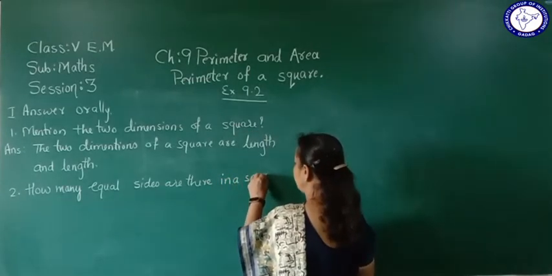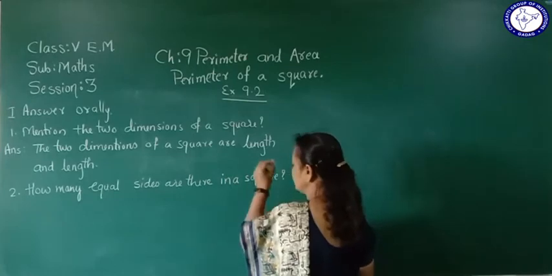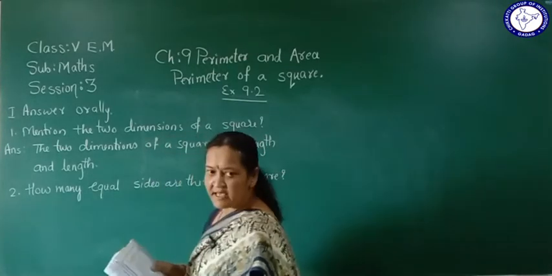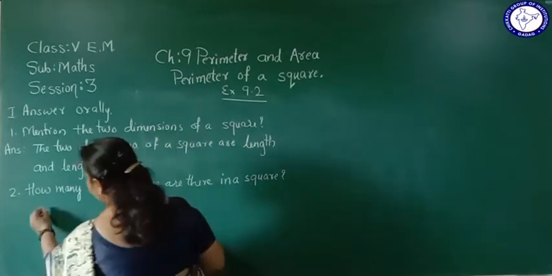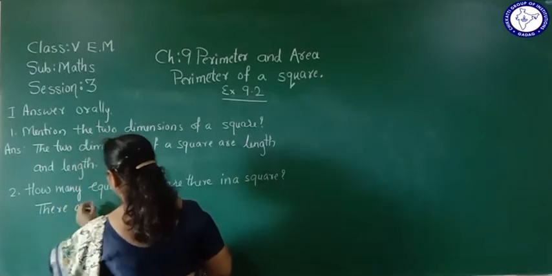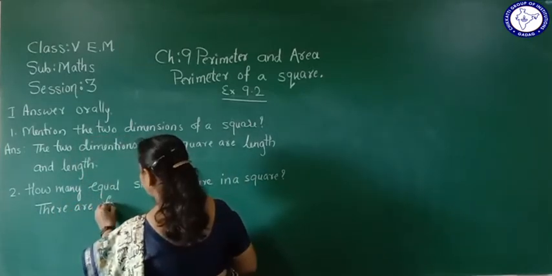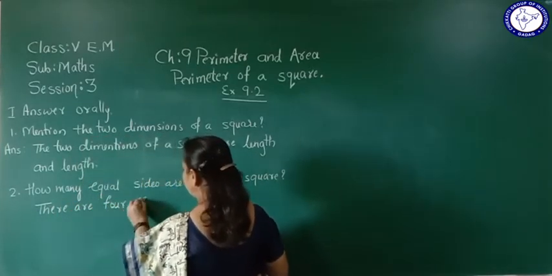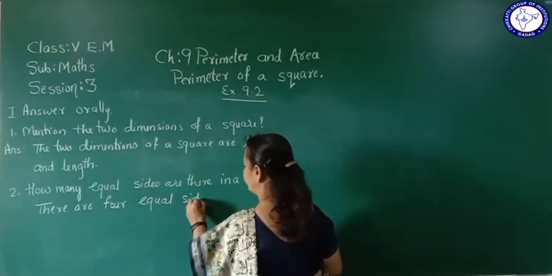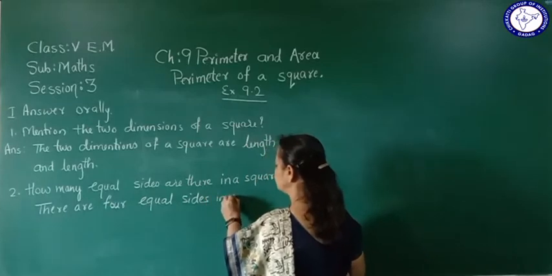So in a square, how many equal sides do we have? We have four equal sides. So here the answer is, there are four equal sides in a square.